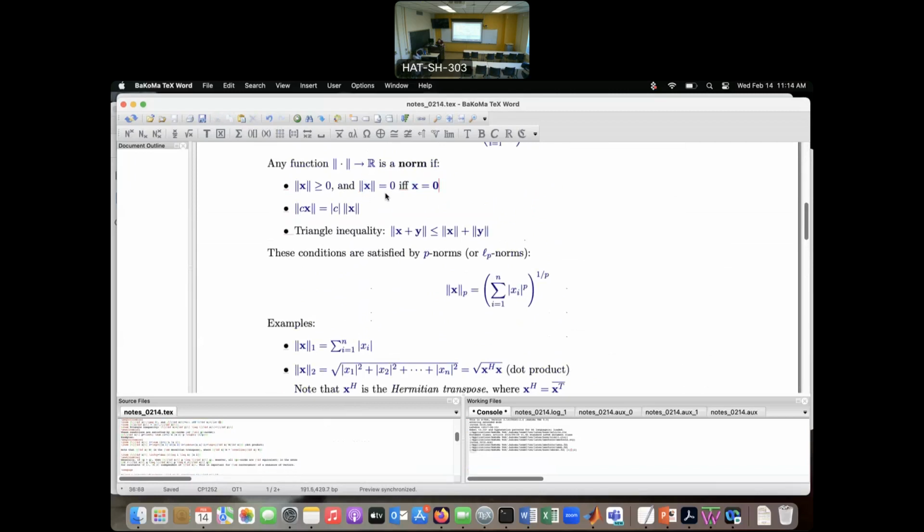The norm of the vector is 0 if and only if the vector itself is 0. In other words, all the individual components are 0. So convergence of a sequence of vectors to a limit vector is equivalent to all of the individual components converging, as you would expect.